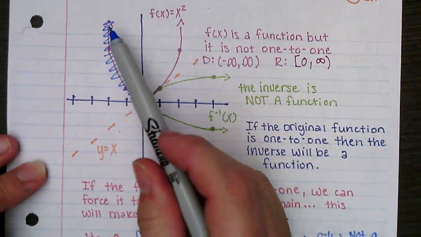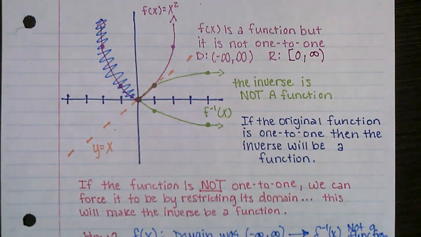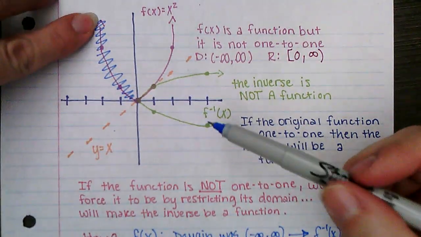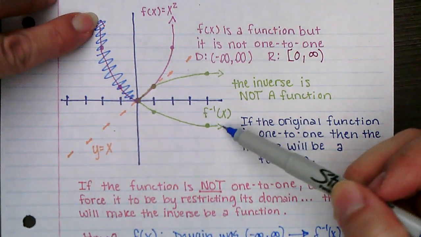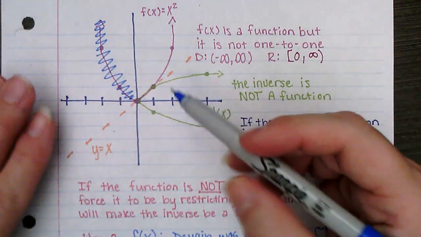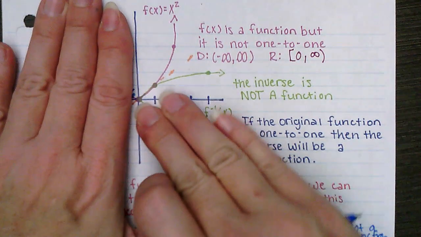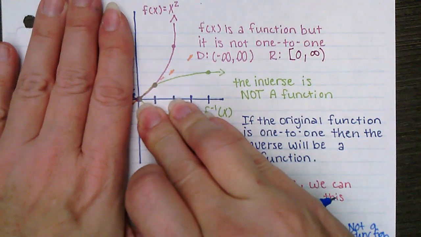How does that happen? Well, I scribbled out this part of my original function. How does that impact my inverse function? This part is reflected straight across to here. This point is reflected to here. This point is reflected to here. So by getting rid of that part of this function, it gets rid of this part of the inverse function.